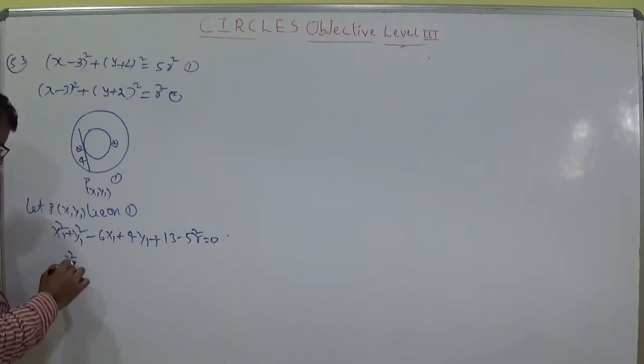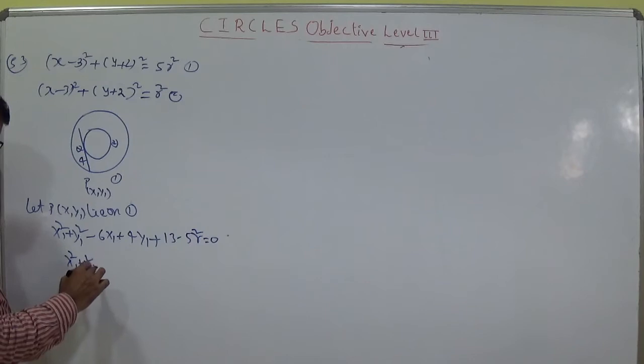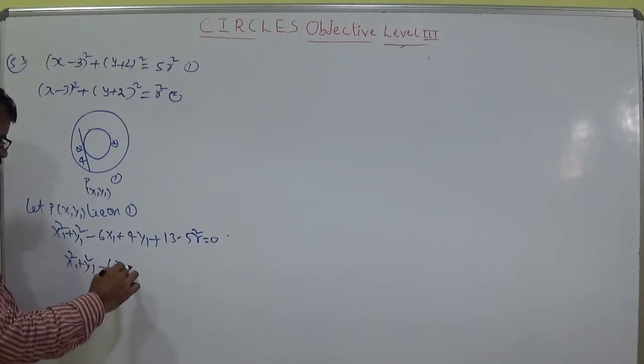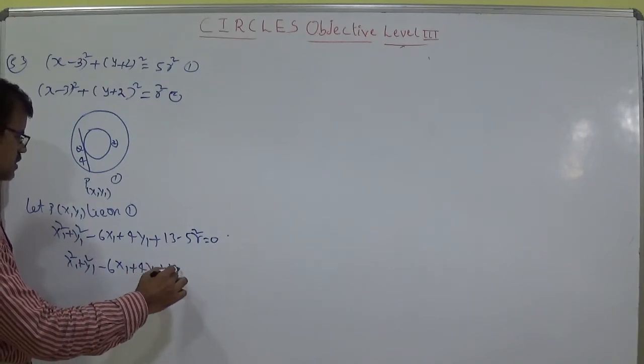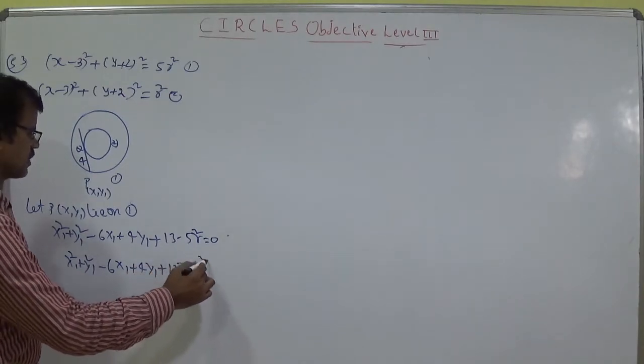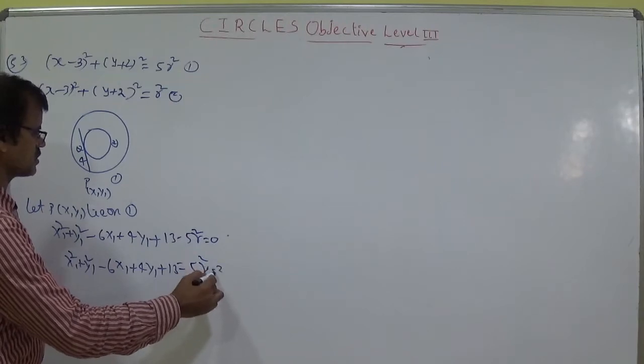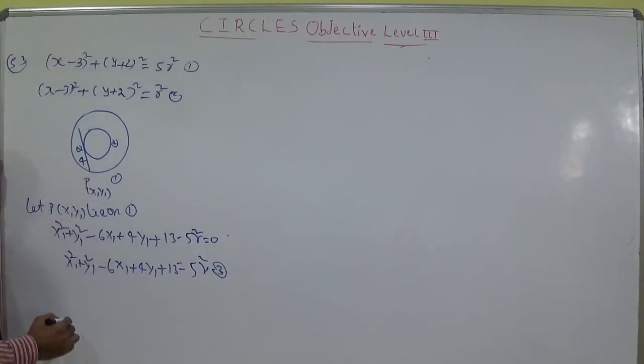In the next step, I am writing this as x1 square plus y1 square minus 6x1 plus 4y1 plus 13 is equal to 5r square. It is the third equation, it will be useful.